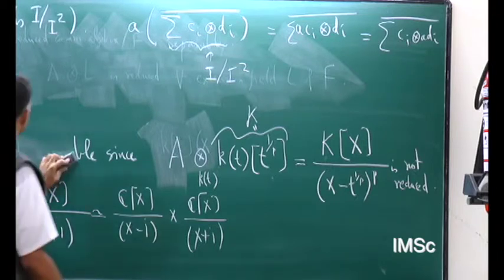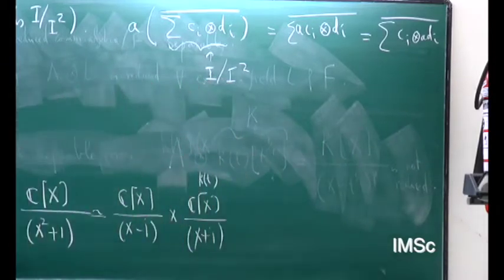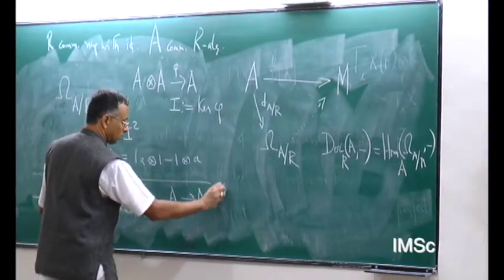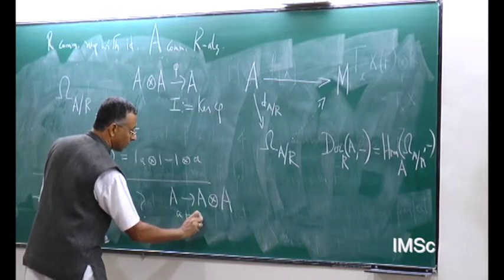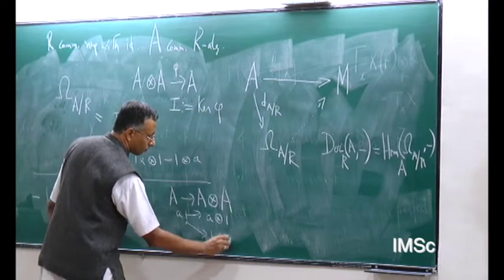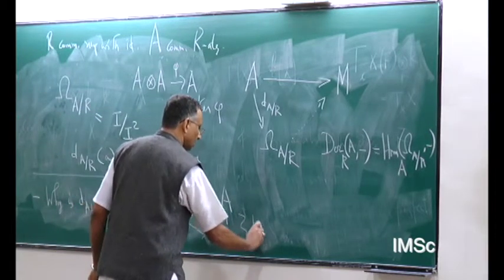Now why is this map R-linear? So let's do it here. Let's look at A to A tensor A. There are two maps, right? A going to a tensor 1 and A going to 1 tensor a. Both are R-algebra maps.